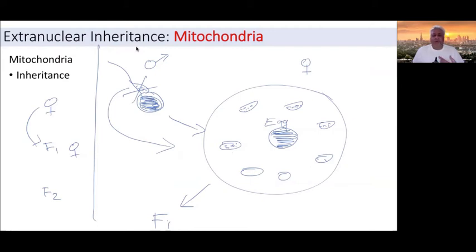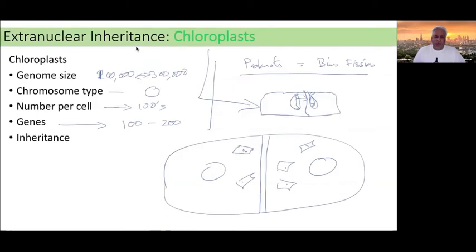Why? Because these are metabolic conditions and they can interfere with many pathways of energy utilization. And the same thing with chloroplasts, right? Chloroplasts are used for capturing sunlight and then converting that into food molecules. So anything that interferes in terms of their mutations can disrupt the biochemistry of the entire cell.